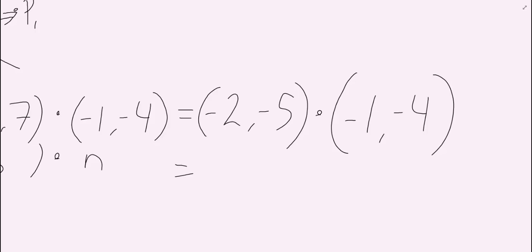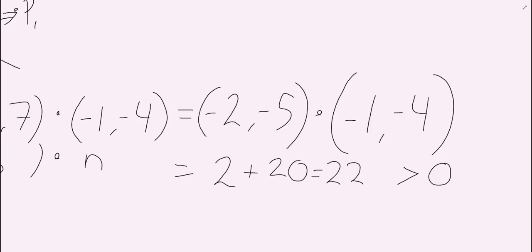This equals minus 2 times minus 1, this gives us 2, plus minus 5 times minus 4. Minus 5 times minus 4 is 20. Anyway, we get 22, and 22 is greater than 0.